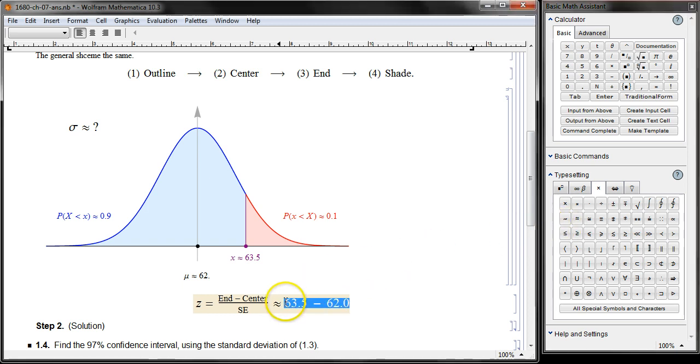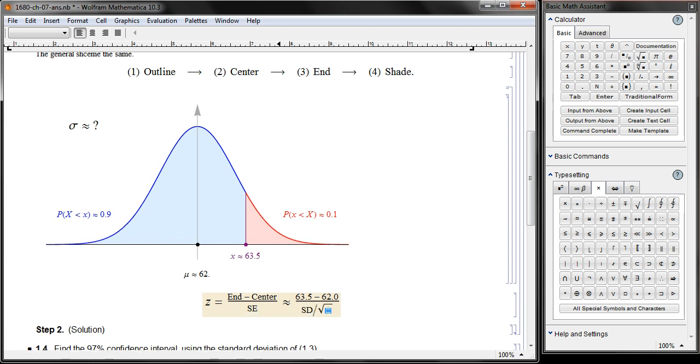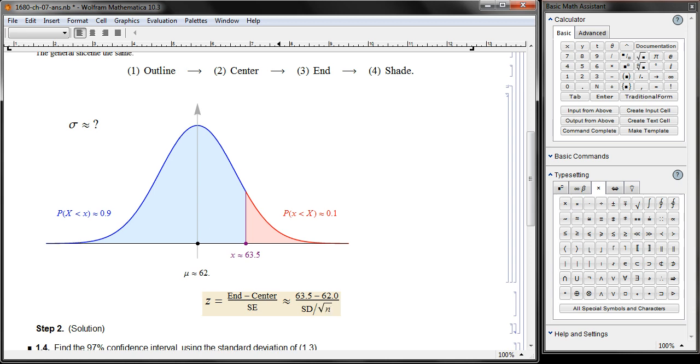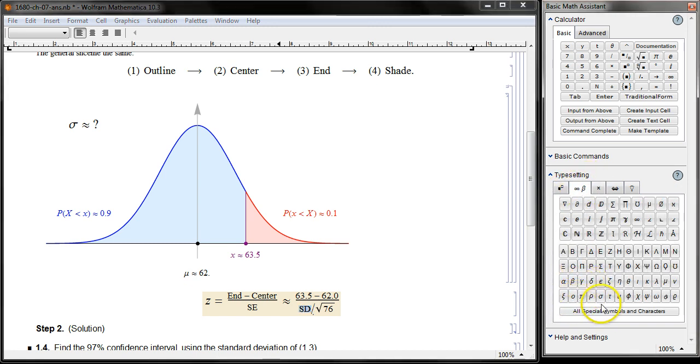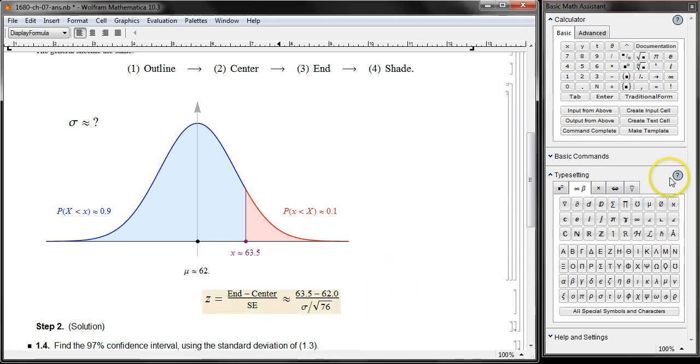And what is the standard deviation here? Standard error is SD over square root of n. Square root of n, the sample size, we have that. And standard deviation, well, let's use Greek letter sigma for that, which is the traditional symbol for standard deviation.